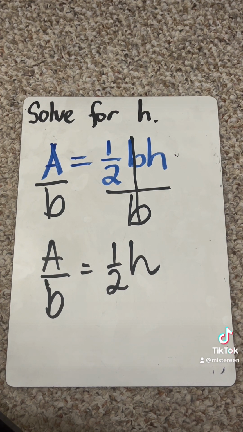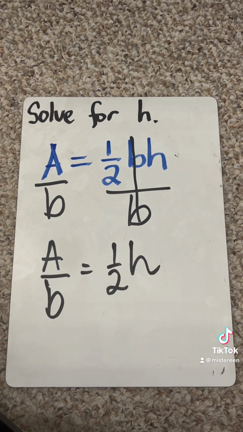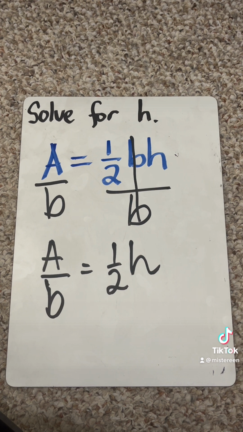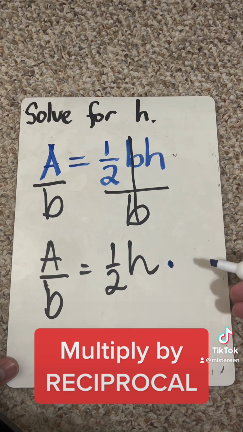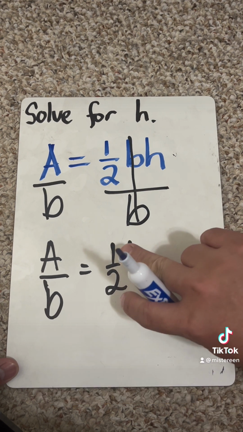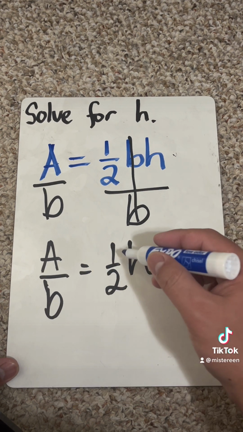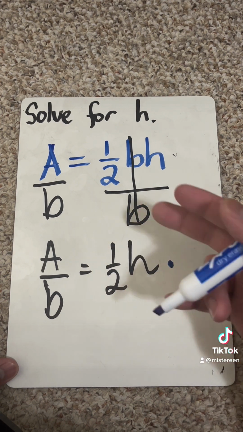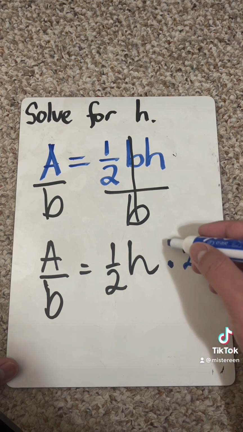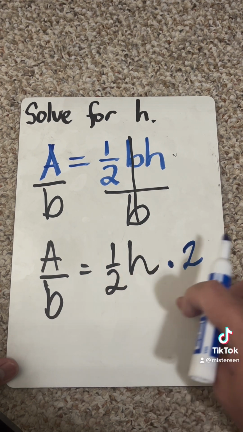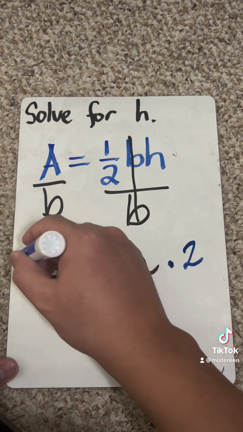Now, I need to remove my 1/2 also. To remove a fraction, all you have to do is multiply by the reciprocal. Reciprocal means you flip the top and bottom. So 1/2, just flip it, so it becomes 2 over 1, or just 2. So multiply by the reciprocal on one side, and you should do it on the other side too.